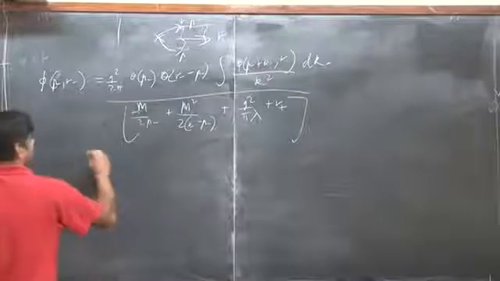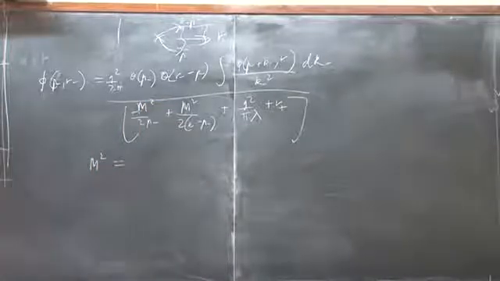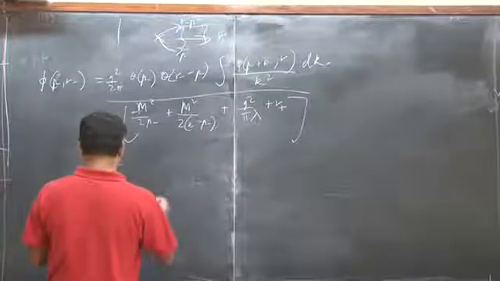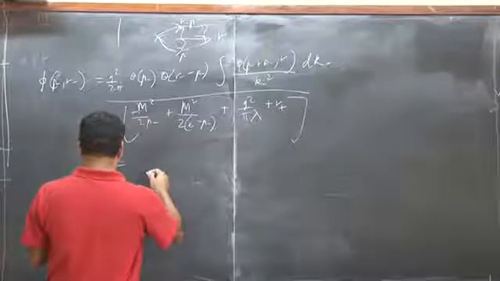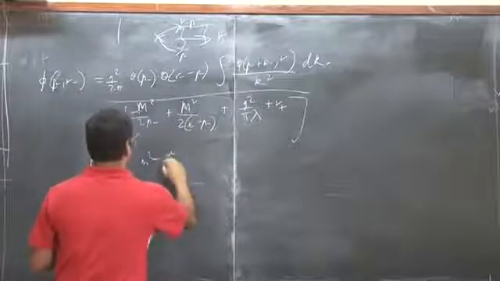What was capital M? M squared was the effect of the renormalized mass, was it? M squared minus G squared by pi.